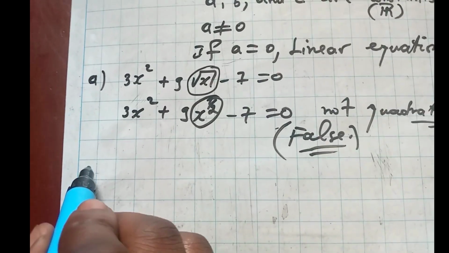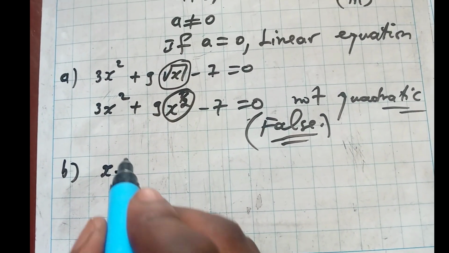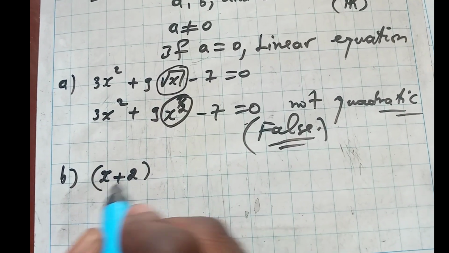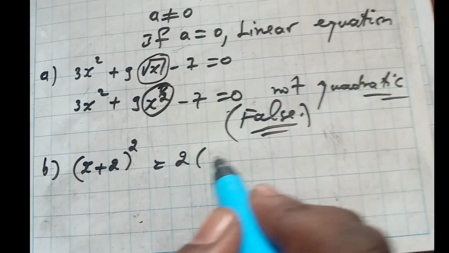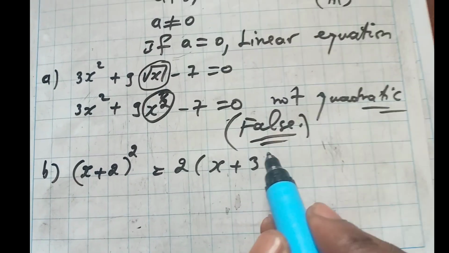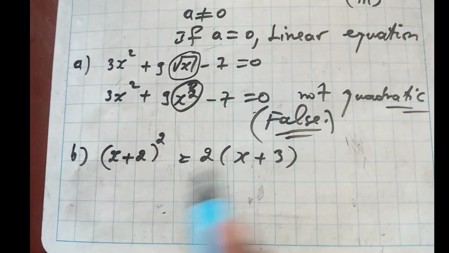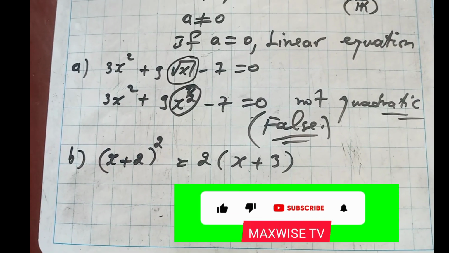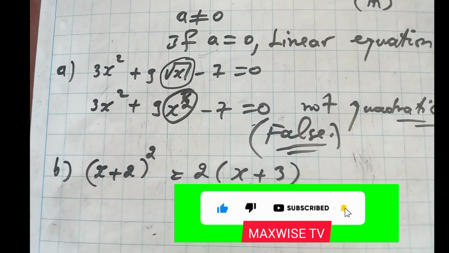Number B. We have the expression (x plus 2) squared, which is equal to 2 times (x plus 3). At this time, this expression must be expanded to its general form of quadratic equation if it is quadratic.